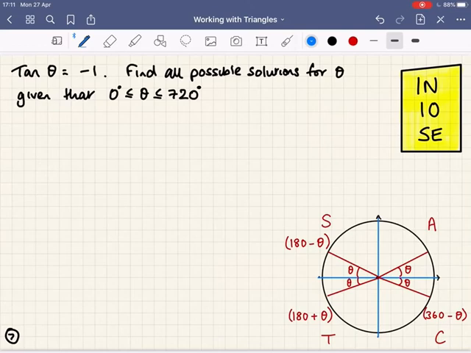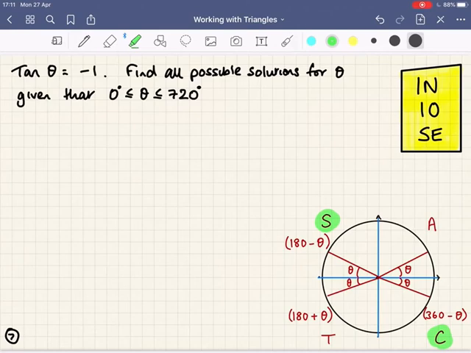So again, looking at the graph, where tan is negative: in the second quadrant here, and the fourth quadrant here. For the tan ratio, when I do inverse tan, for positive values it'll give a value in the first quadrant.